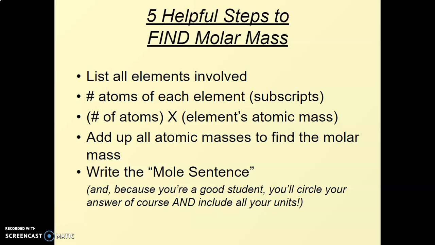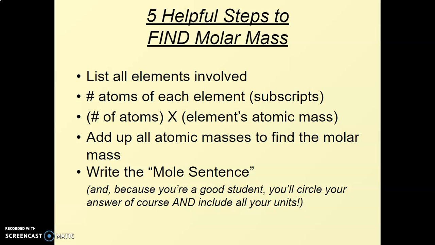All right, and here's just quickly at the end 5 helpful steps to find molar mass. First, list all the elements that are involved so you don't forget any of them. Second, write down the number of atoms for each element. Those are the subscripts after them. Take the number of that atom and multiply it by the element's atomic mass that you can find from the periodic table.